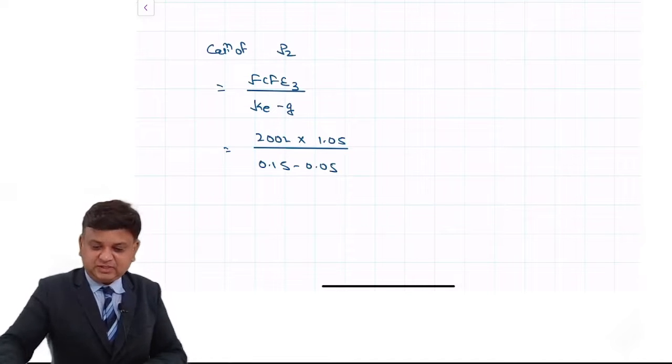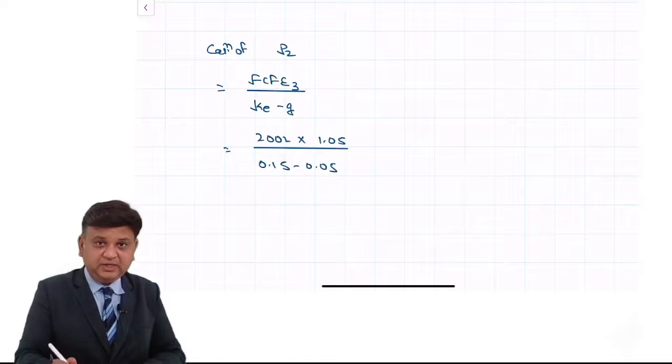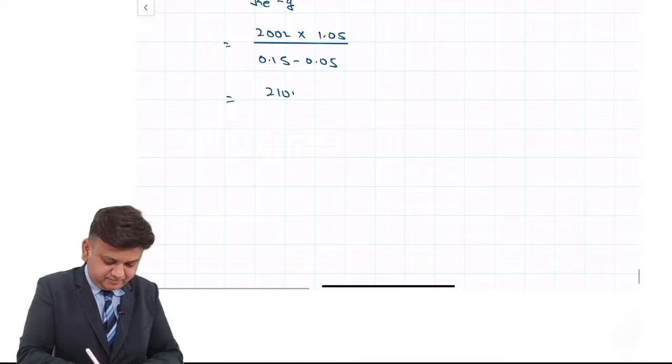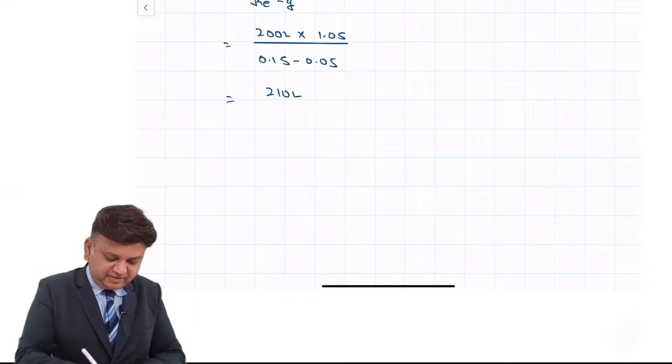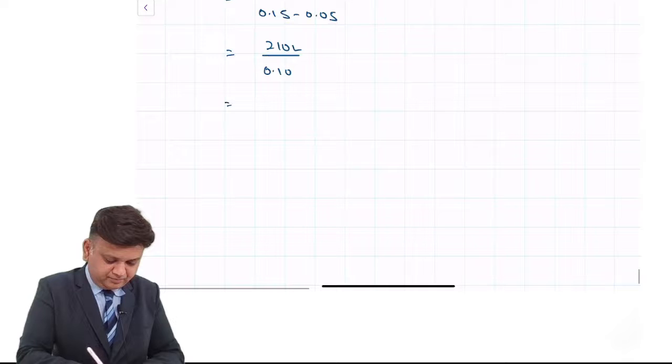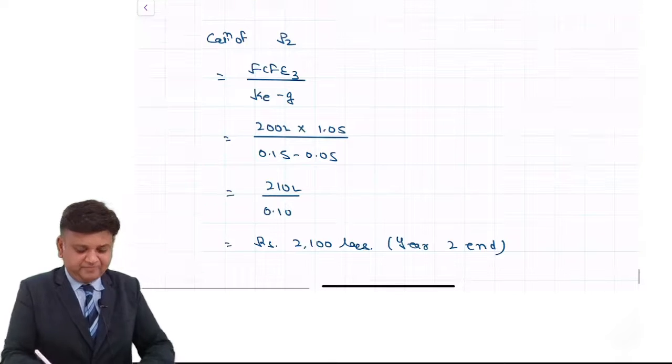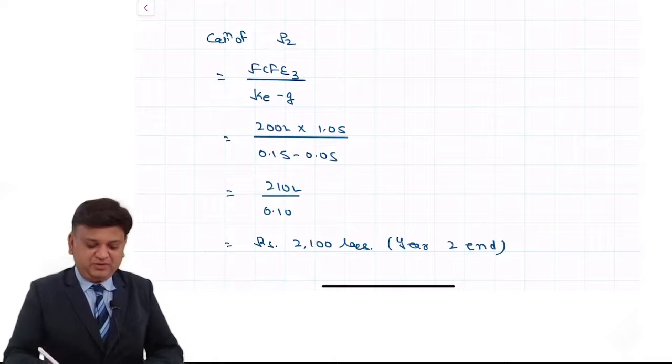So we understand that 200 into 1.05, that is 210 lakhs, divided by 0.10. That comes to 2100 lakhs. This is of year 2 end. That is the way P2 can be calculated.